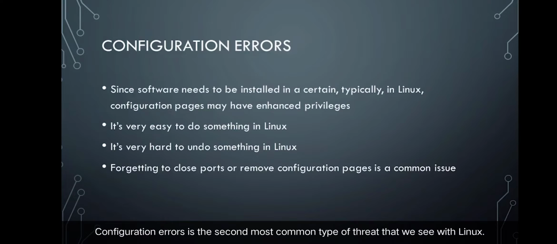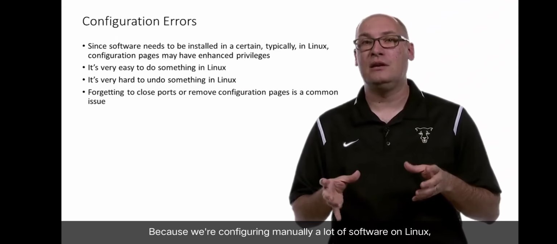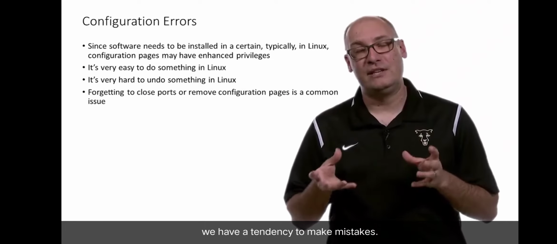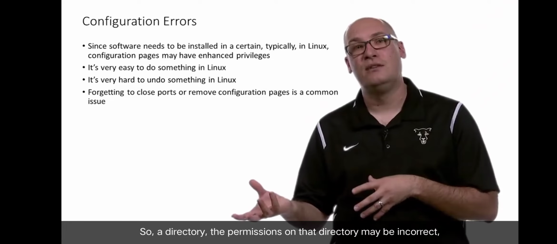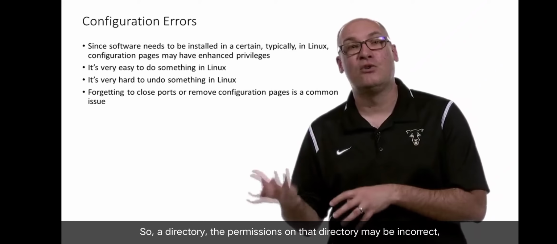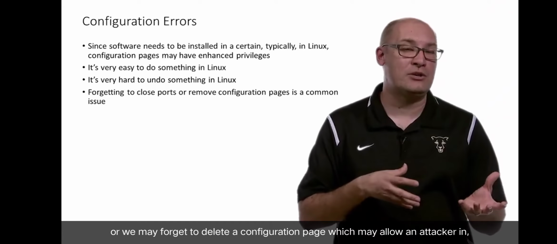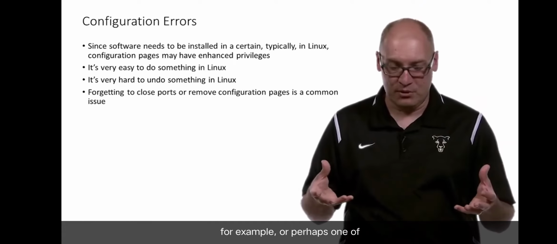Configuration errors are the second most common type of threat that we see with Linux. Because we are configuring a lot of software manually on Linux, we have a tendency to make mistakes. So the permissions on a directory may be incorrect, or we may forget to delete a configuration page, which may allow an attacker in, for example.